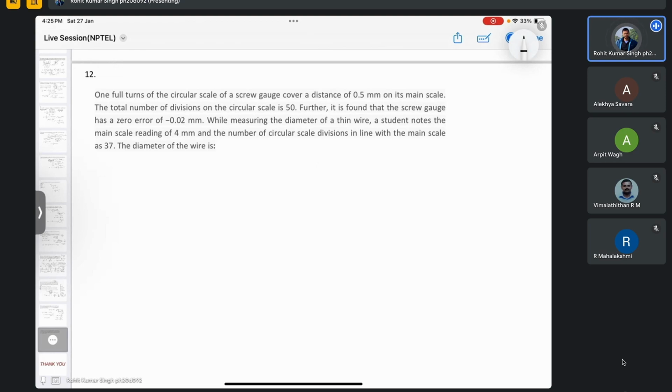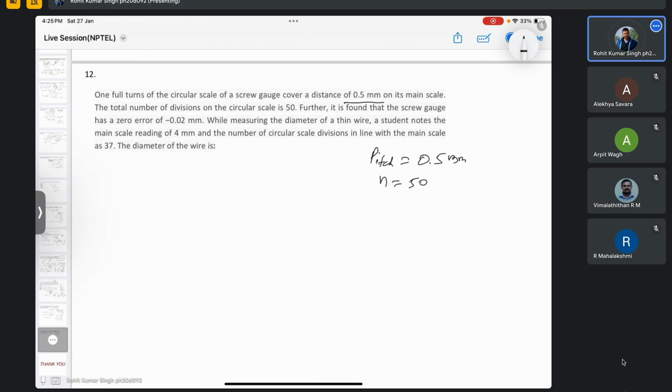It says, one full turn of the circular scale of a screw gauge covers a distance of 0.5 mm on its main scale. That is, pitch is given, right? Pitch is 0.5 mm. The total number of divisions on the circular scale is 50.